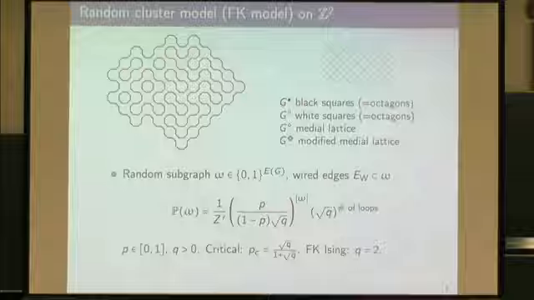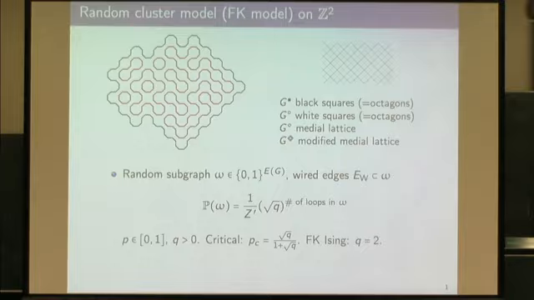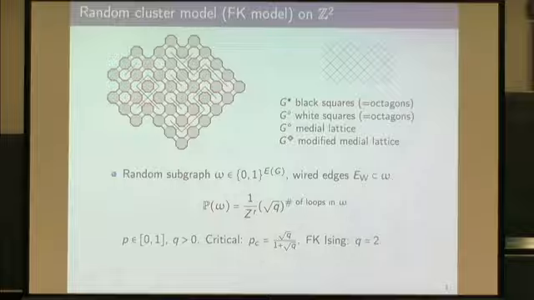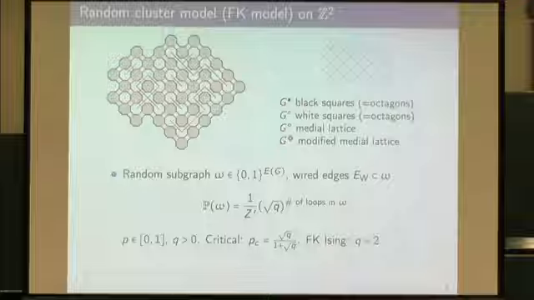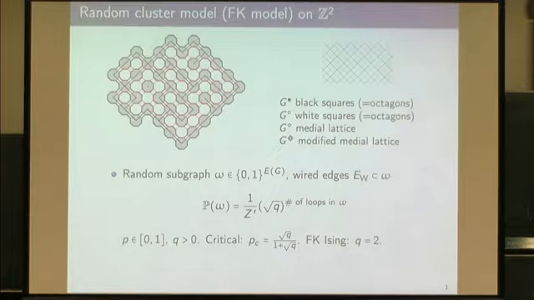The critical value is the value when that term vanishes, so at the critical value you get only the square root of Q to the number of loops. Here I show the dual configuration: this was the original configuration, and this is the dual one. These red loops are interfaces between the open clusters and the dual open clusters. This is also the self-dual value.